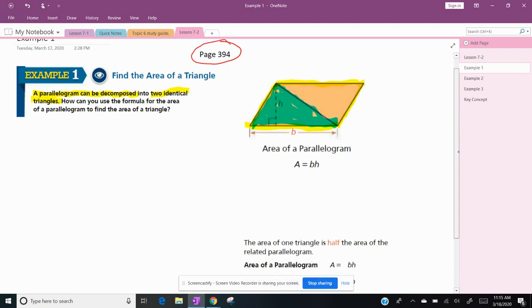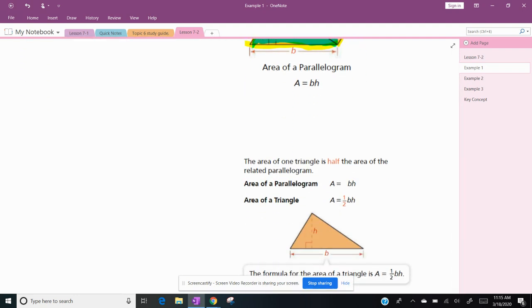So instead of base times height, we're going to take, let me see if I can move this around. Oops. It's a learning process for all of us. It's not working. The area of one triangle is half of the area of the related parallelogram.